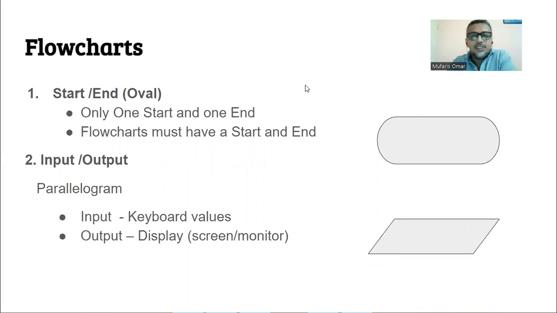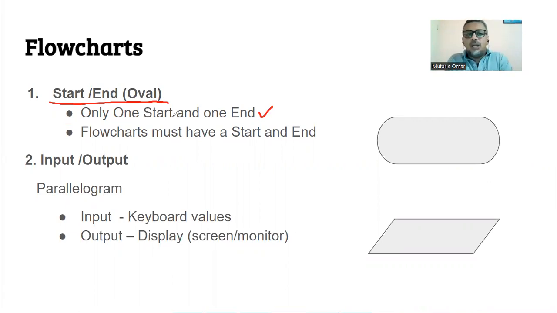Okay, so let's start with the flow chart. We have the symbols. Let's note down this first. We start the flow chart and end the flow chart with the oval symbol. So you can write this oval symbol. Only one start and end. Note down this: only one start and end in a flow chart.